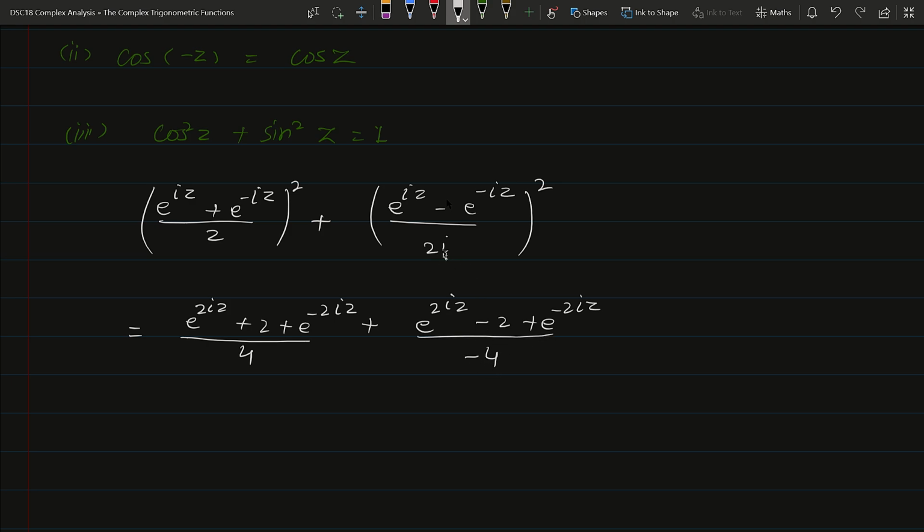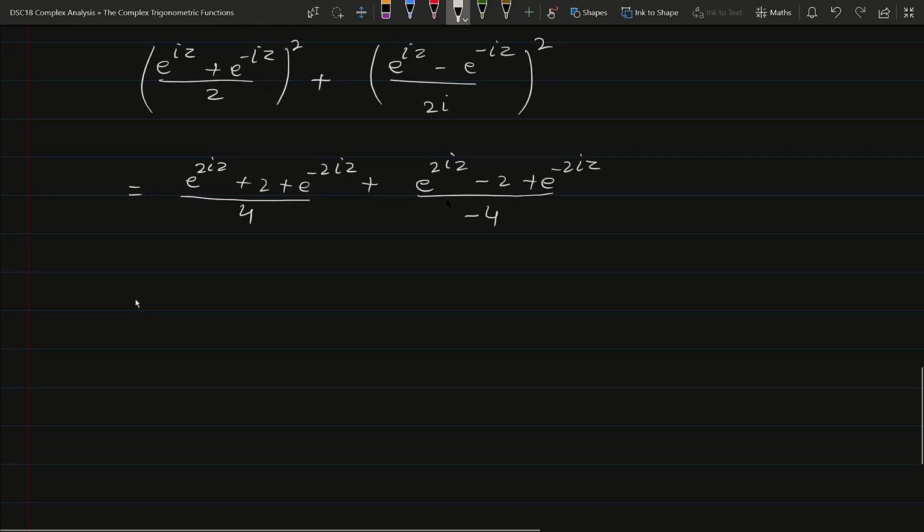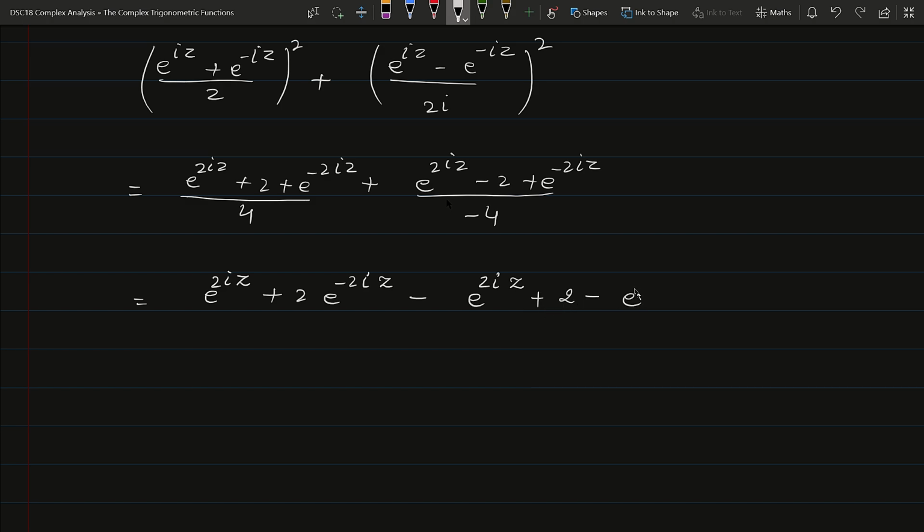Okay, if we take the square of this, right, then that can be subtracted from each other. So we will have e to the power 2 iota z plus 2 plus e to the power minus 2 iota z, minus e to the power 2 iota z minus 2, this will be plus, minus e to the power minus 2 iota z, right, over 4.